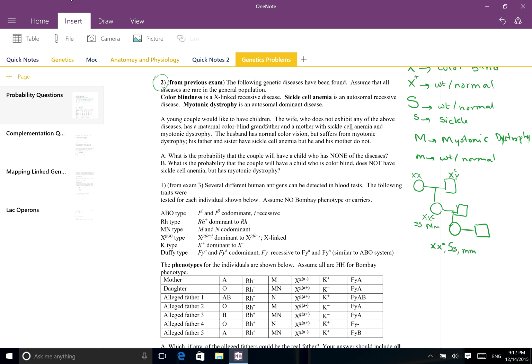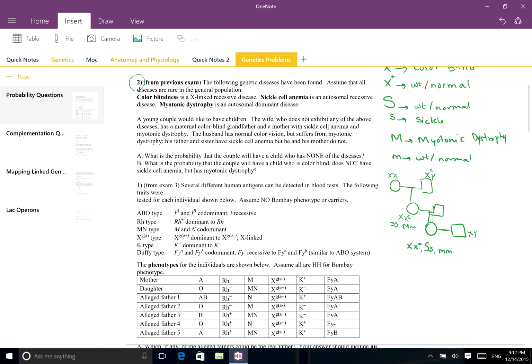Then now we go to the husband. The husband has normal vision, so he's XY. What else do they tell us about the husband? He doesn't suffer from myotonic dystrophy, so we know he has a small m here. Not sure about whether he has a small s or a capital S for sickle cell; he could be a carrier for the normal allele, sorry.